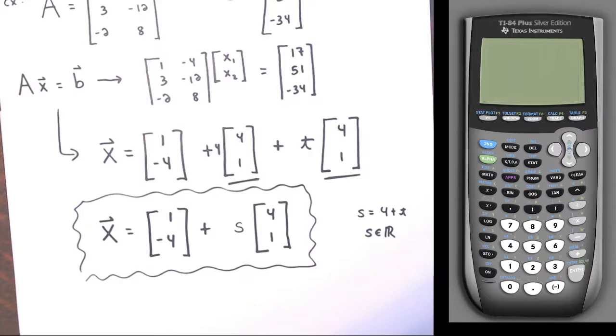One thing I want to point out is that this vector from the row space is the only vector from the row space that gives you solutions. Right. Let me show you.